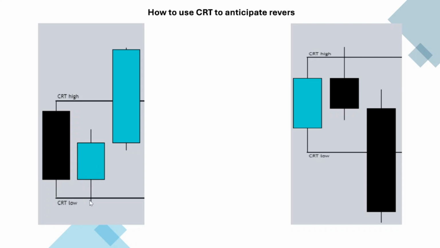The second candle manipulated the candle's low, but did not close outside the range of the candle. It reversed into the range. Then you'll be anticipating the third candle to run the candle's high. That is what CRT comes down to. It's just an indication that price is ready for a reversal.